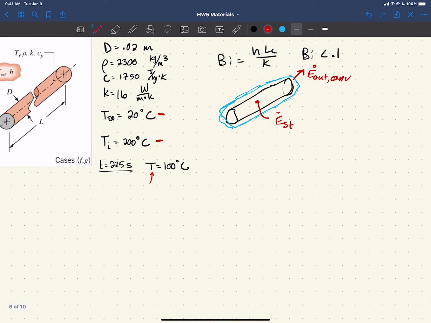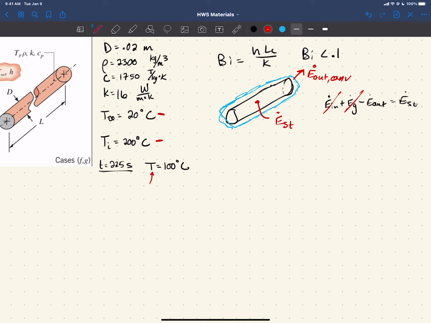So if we look at the actual energy balance, we have E dot in plus E dot G minus E dot out is equal to E dot ST. There's no E dot in, there's no E dot G. We're not told that, but we're not given any information that would get us anywhere close to figuring out what E dot G is.